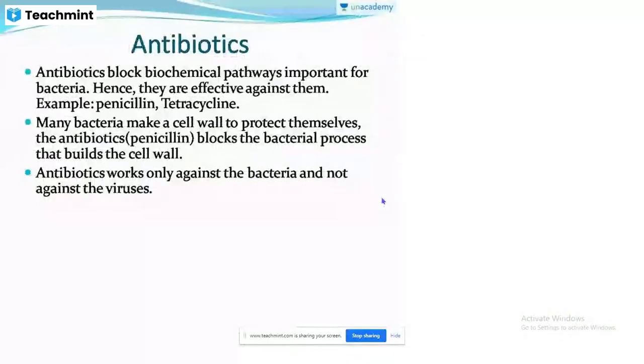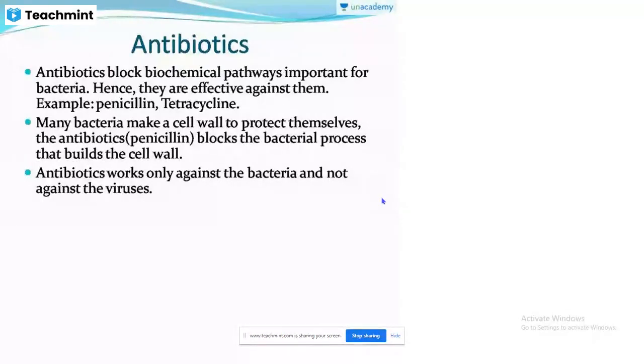Next category is the antibiotics. So in the earlier lecture, I gave some information regarding the antibiotics. There are broadly two categories, that is antibiotic and antiviral drugs.